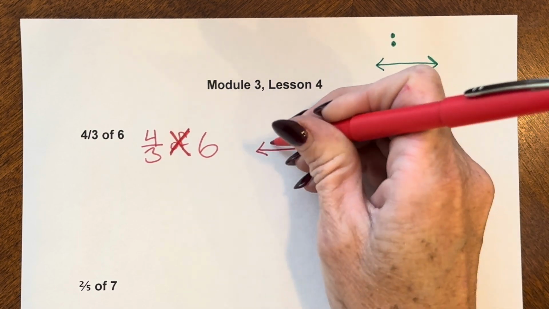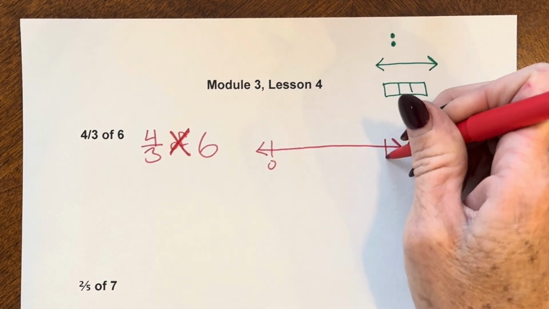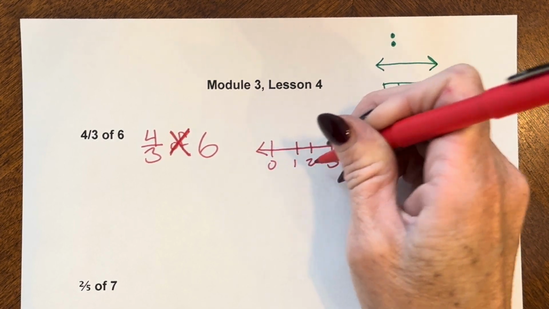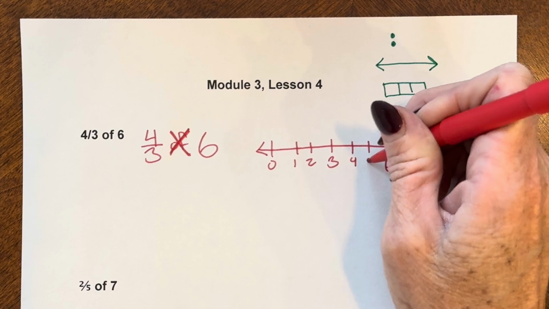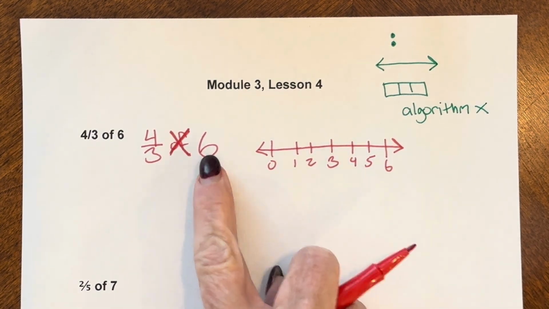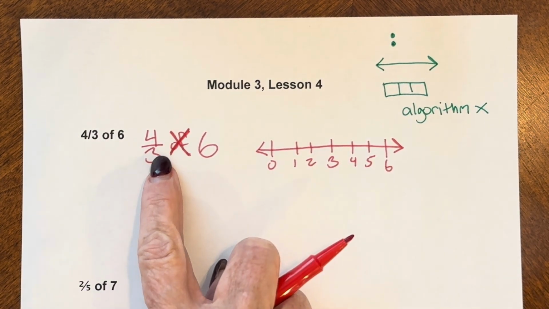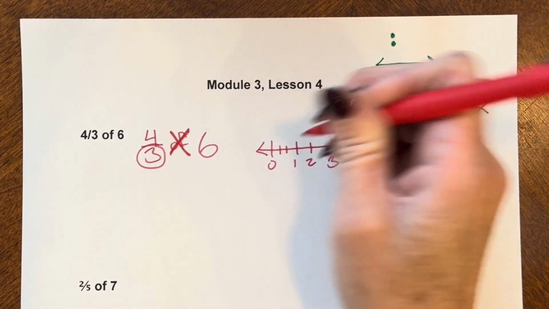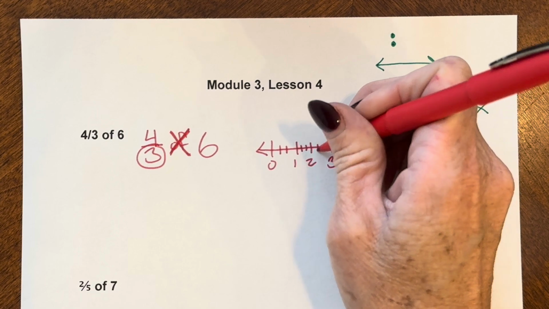I would have a number line and I would divide it into 6. But then I have my 6 wholes, and then this says that I need to divide it into 3 pieces, each of my wholes.